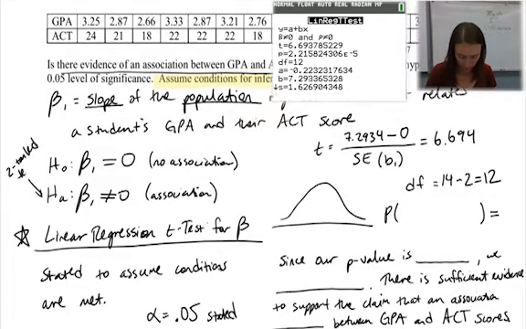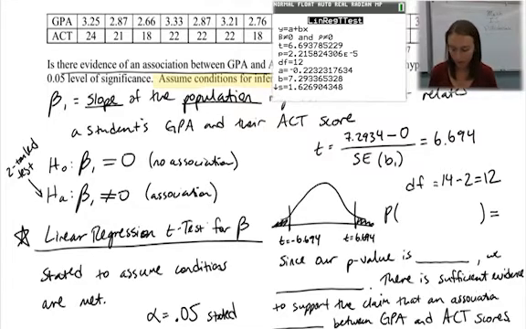All right, so my t-score, now remember this is a two-tailed test. It's easy to forget, but when we're drawing our graph and finding our probability, we have to think about the alternate hypothesis. Is it an upper-tailed test, a lower-tailed test, or a two-tailed test? If it's not equal to, it's going to be a two-tailed test. So I have a t-value of 6.694 and a t-value of negative 6.694, and I'm going to be finding the probability on either side of those as my two-tailed test.